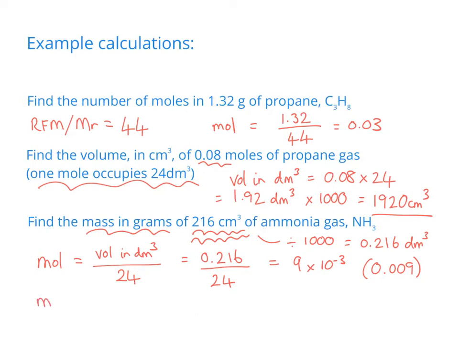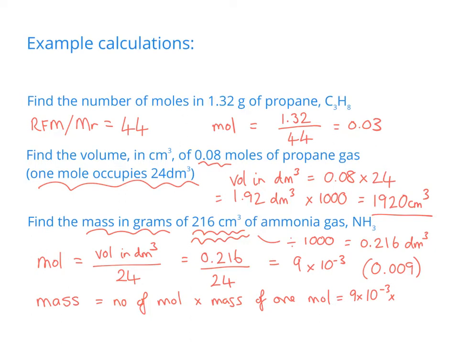I need to know mass, and remember, my mass is just number of moles times by the mass of 1 mole. So number of moles is 9 times 10 to the minus 3. It's going to be a small number because it's a small volume.